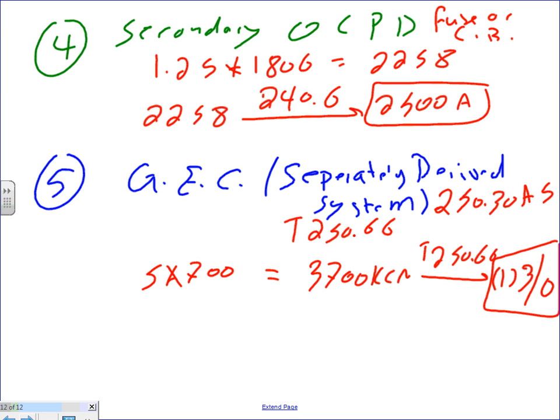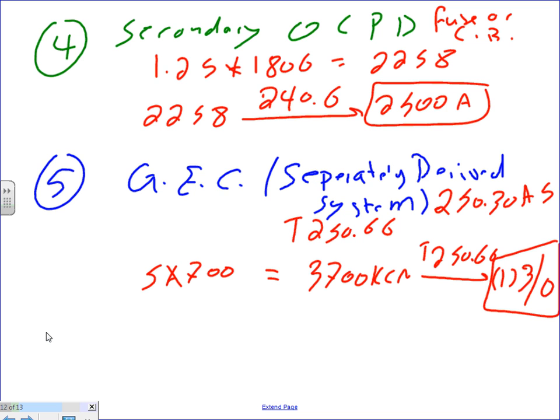Doesn't matter. 3/0 is as large as you can get. No exception. Any questions, guys, about this?